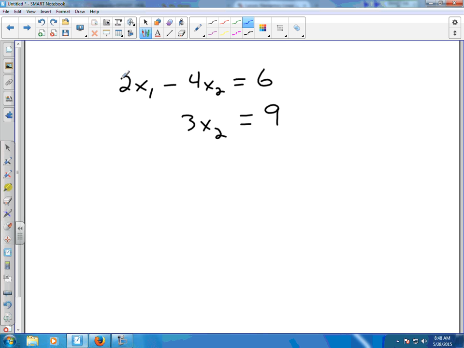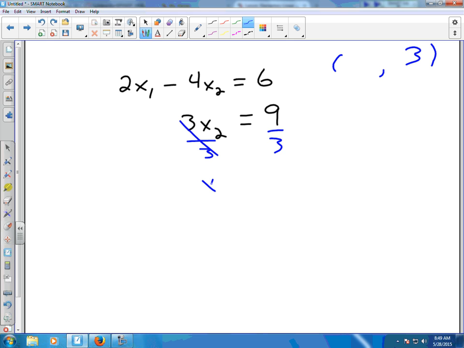Notice that last equation, we can solve for x2 by dividing by 3. So if we list this as an ordered pair, x2 would be 3.